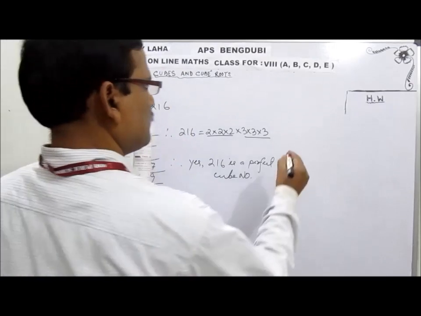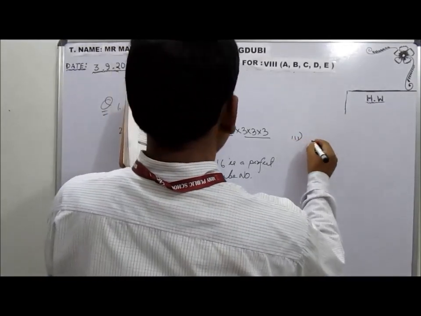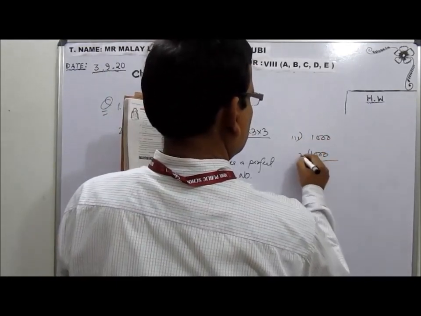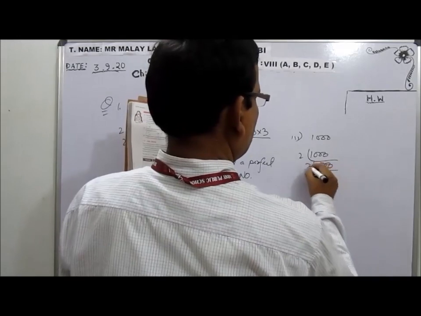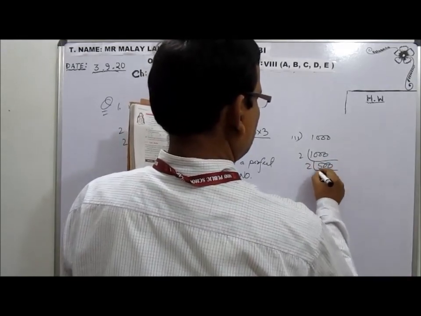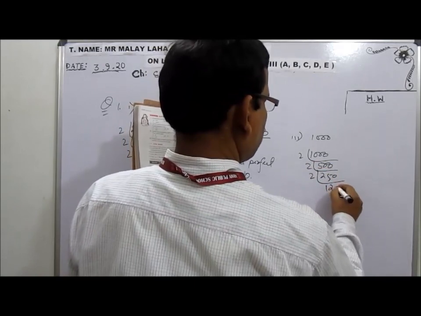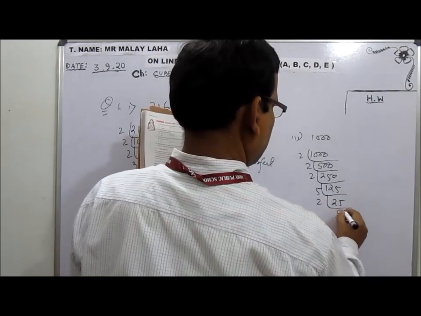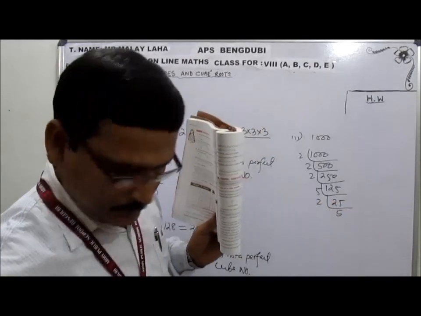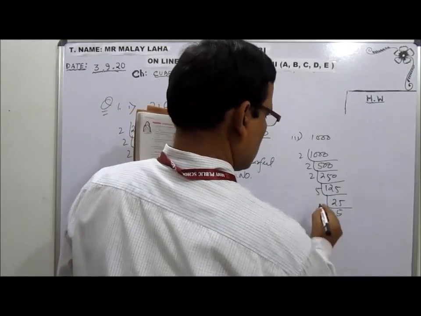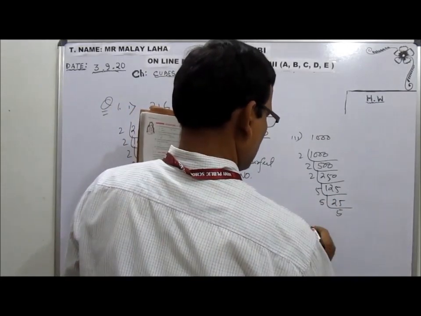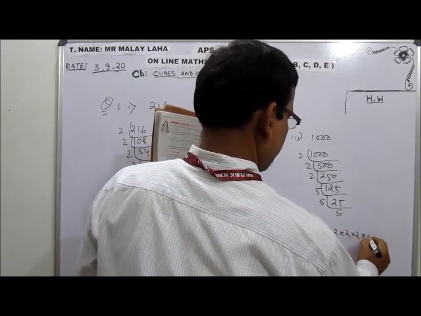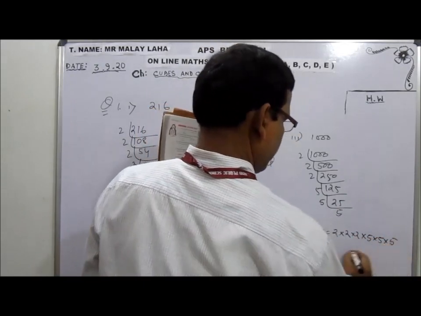Okay. Now coming to the third. Third is 1000. So factorize 1000. So 2, 500, 2, 250, 2, 125, 5, 25, 5, 5. So therefore, 1000 can be represented as 2 into 2 into 2, 5 into 5 into 5.